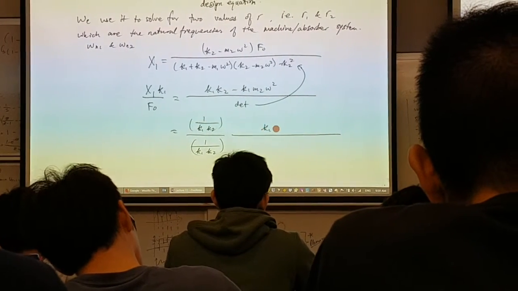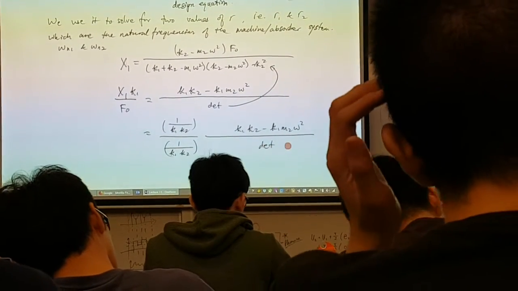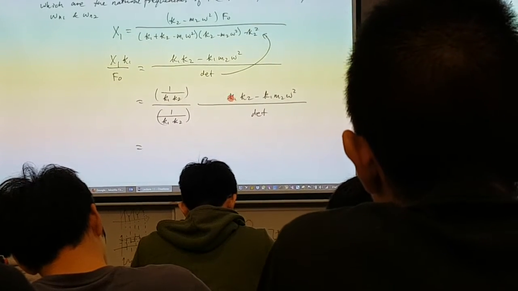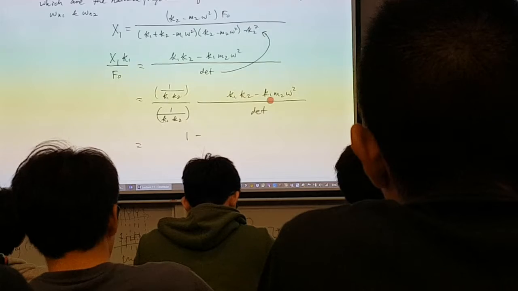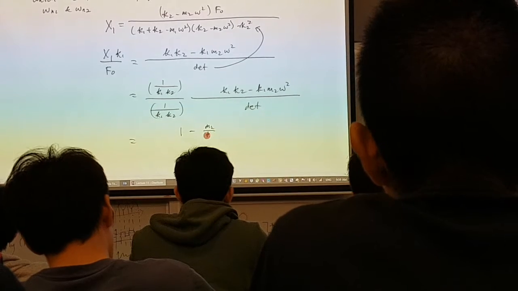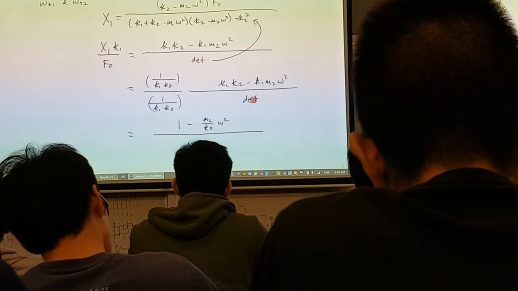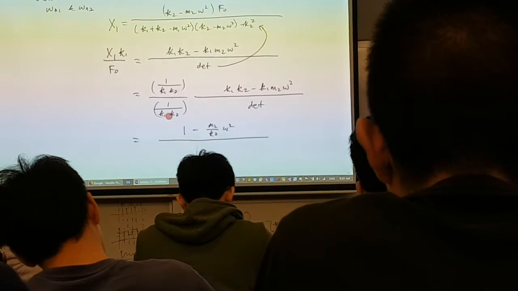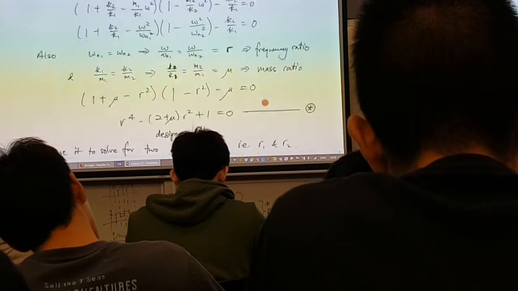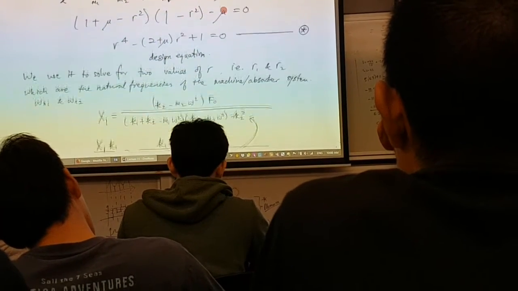So K1 K2 minus K1 m2 omega squared, and the determinant. If I were to do that, this term here will become 1, minus this term here will become m2 over K2 omega squared. And that determinant, when it's divided by K1 K2, is the same case as the above. So it results in this final form.